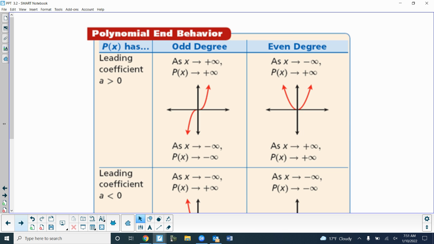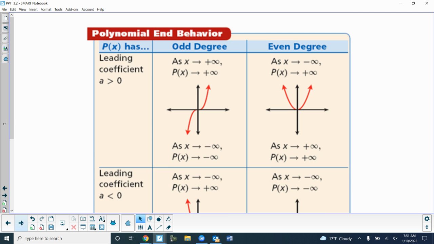If your degree is even, second degree, fourth degree, sixth degree. All right? Then they're going in the same direction always. So if it's a positive leading coefficient, the far right's going up, so is the far left. Okay? Just like our parabolas. We looked at our A value. If it was a positive A value, we knew it went up, right? That's what we're looking at, that first number. Okay?